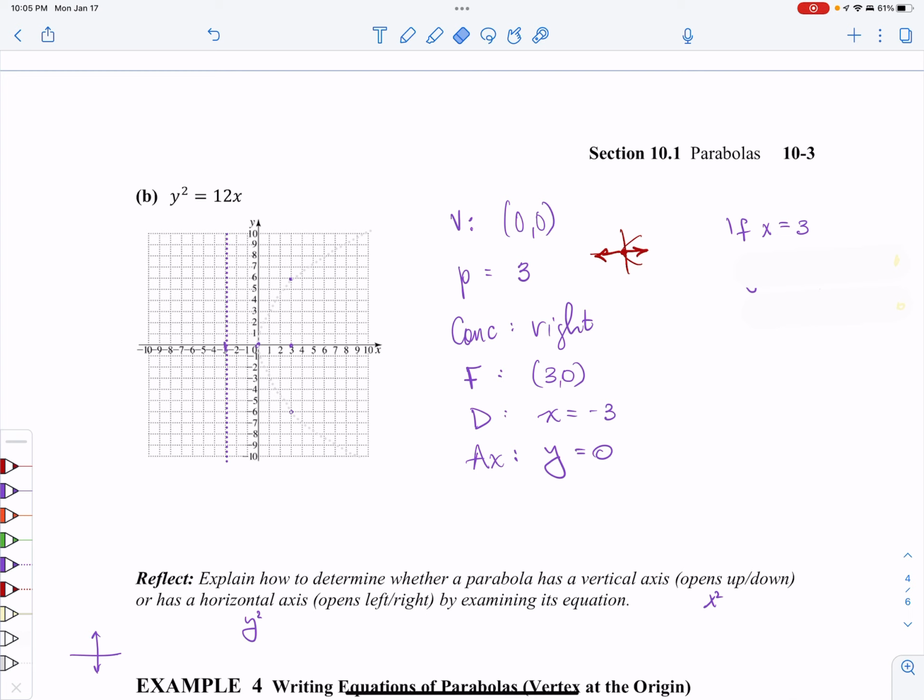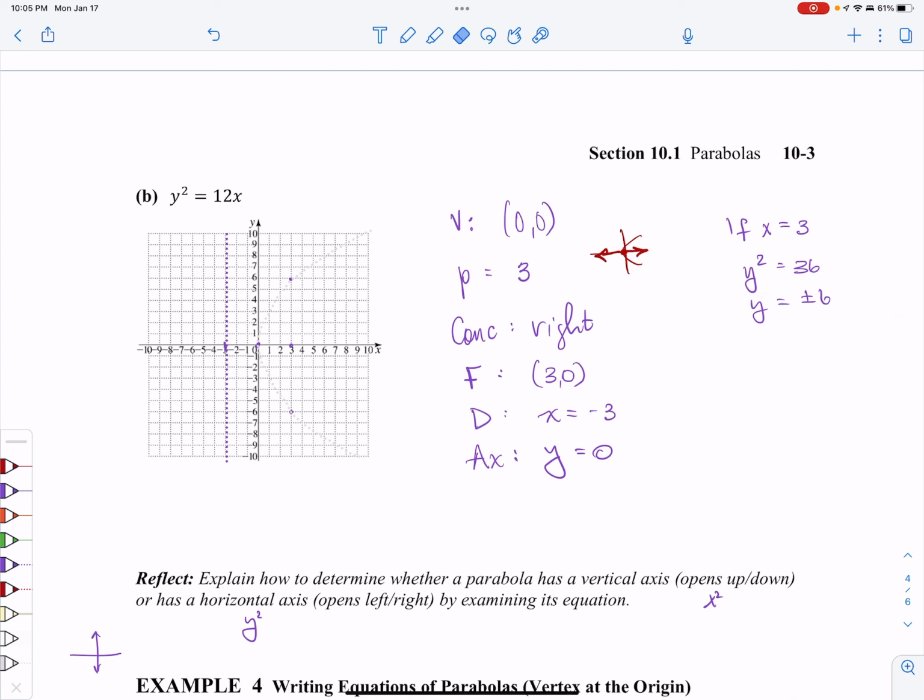Now, I chose a random value for x just to see what my y value would be so that I could have a point to graph. And so I'm going to use the equation, plug in 3 for my x value, and that's going to give me y squared equals 36.